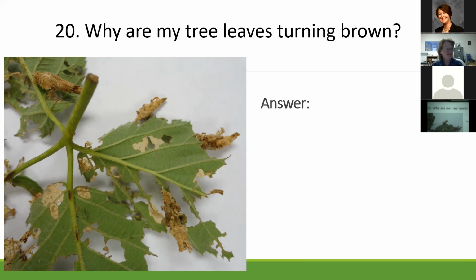But back to question number 20. This is bagworm on a shade tree. And this is what bagworms look like when they're about a half inch here. They're even tinier than that. Now bagworms are, again, there's a little insect inside there, and it's just taking leaf tissue and creating a little nest for itself.